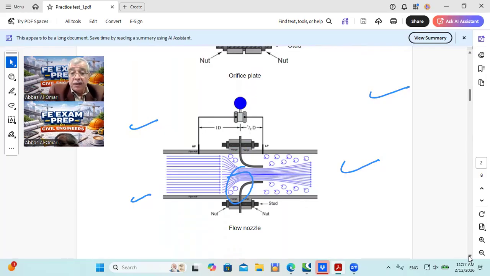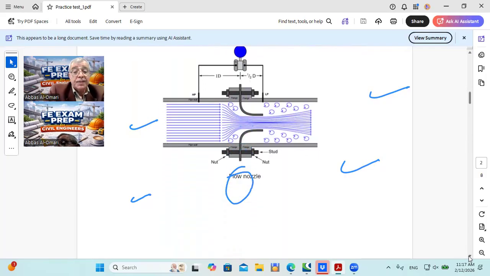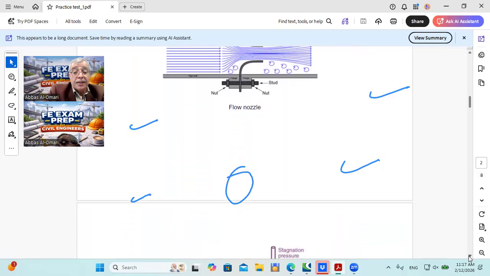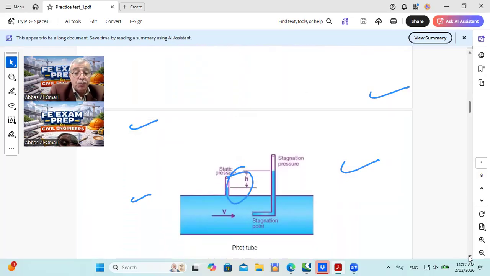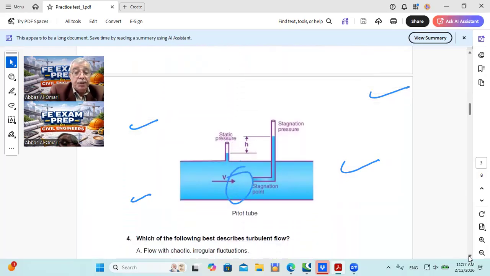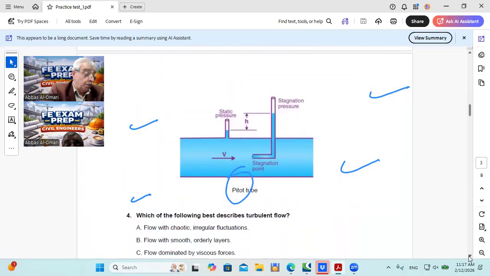Now the device that converts kinetic energy into static energy is the pitot tube. Now this is the basis of the pitot tube. In the pitot tube, there's a stagnation point at this point. So the pressure becomes static, and that causes the pressure head to increase in this stagnation pipe.